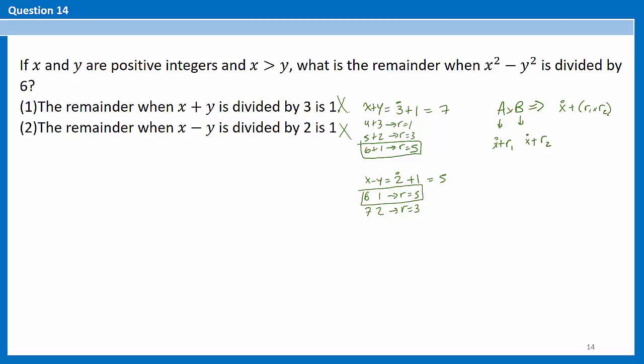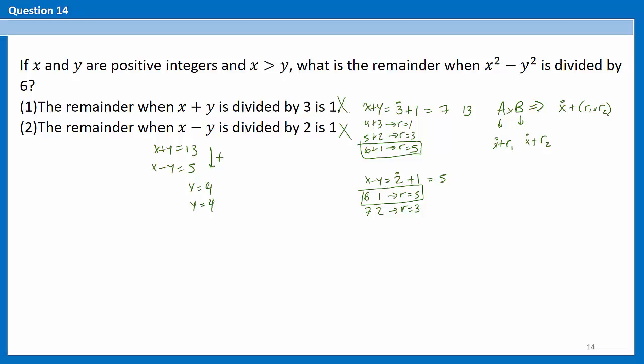For example, if x plus y is 13, then I would have that x plus y is 13 and x minus y is 5. Therefore, if I add them, I would have 2x equals 18, x would be 9, and y would be 4.